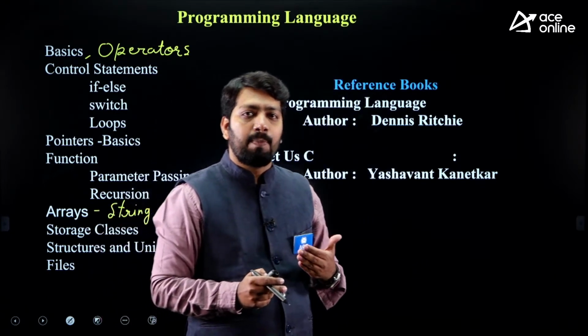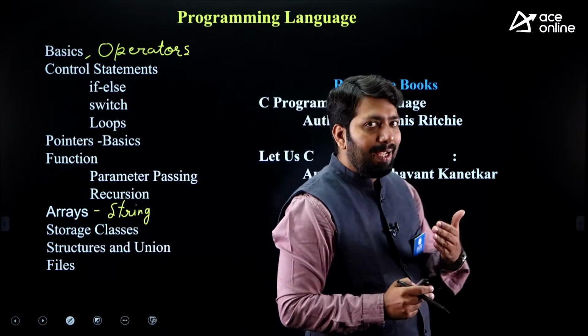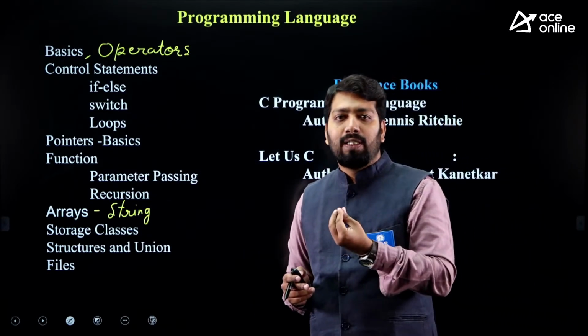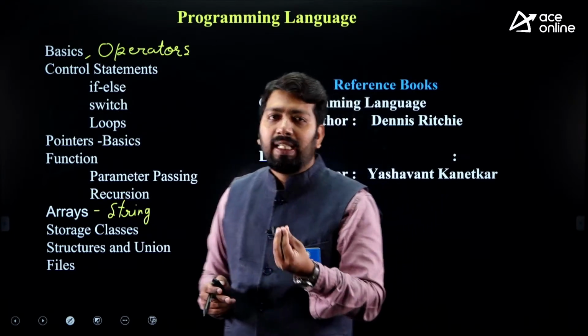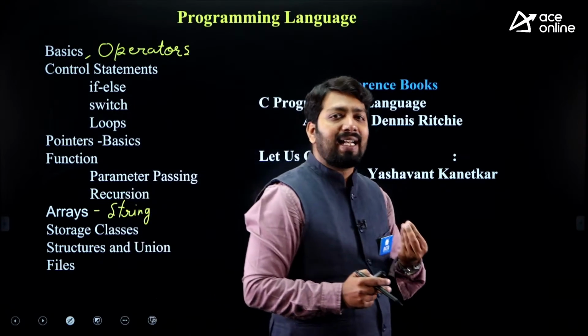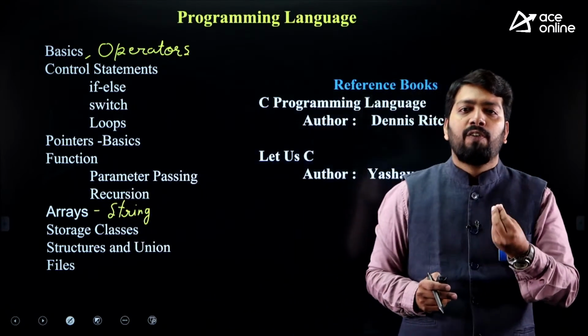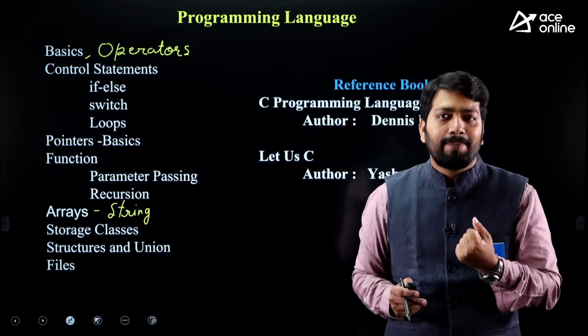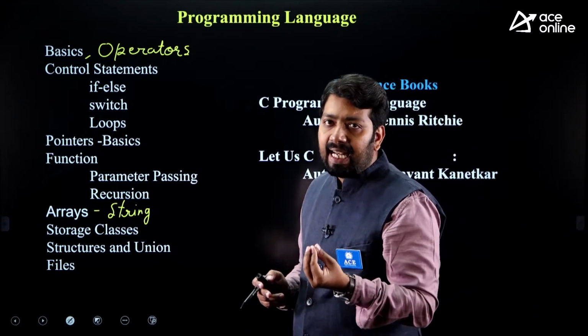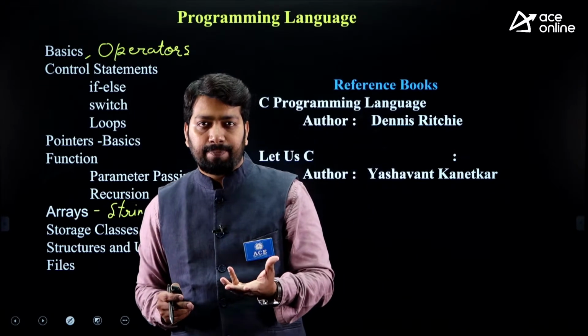You can get the maximum marks by following our videos and our course. You already know that ACE Engineering Academy has launched an RRB JE preparation course for everyone. So you can purchase that course and start your preparation.